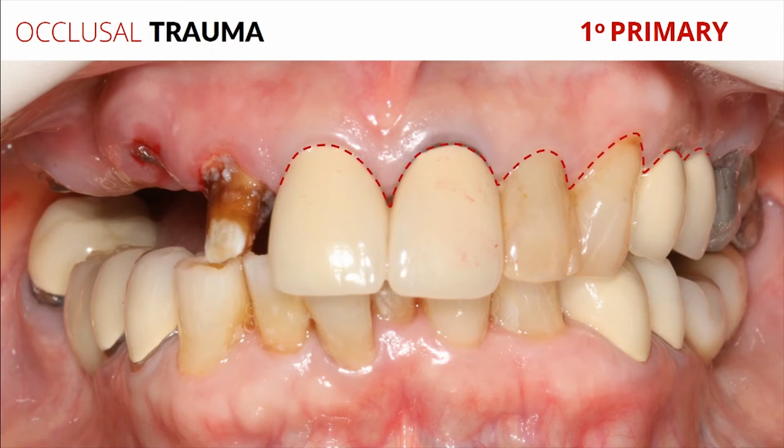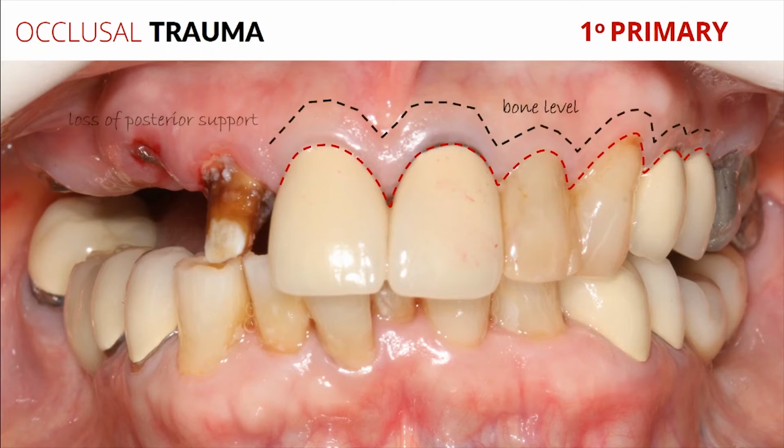Okay. So in this particular example here, we're going to see the CJ, and I don't have the radiographs here, but we're going to say that the bone levels here are actually within normal limits. Okay, so that's the assumption we're going to make in this case, is that the periodontal support of these teeth is normal.